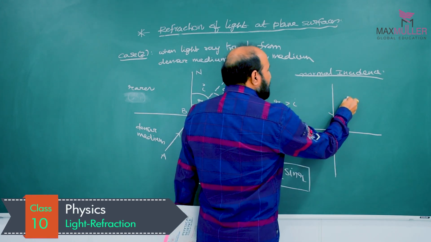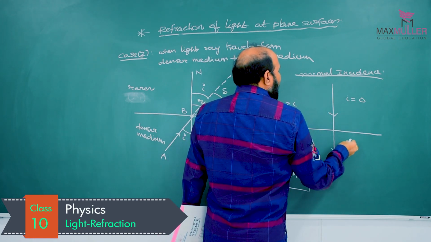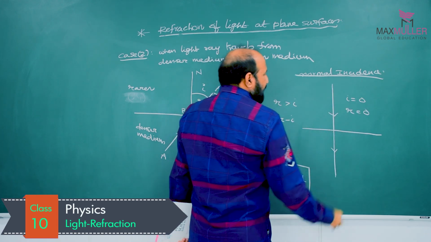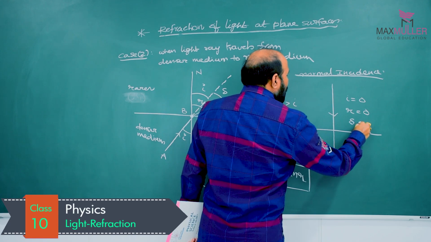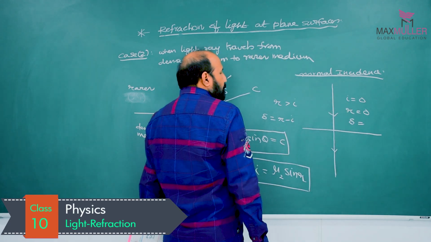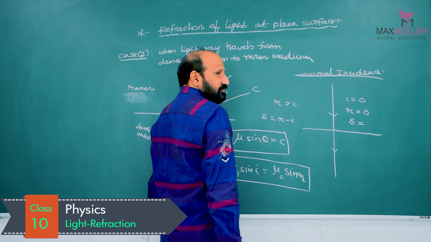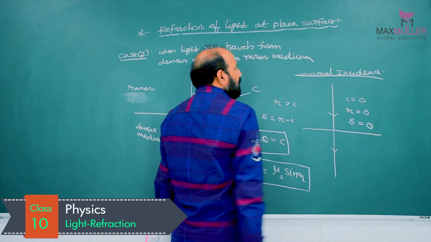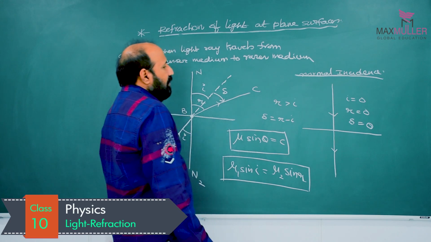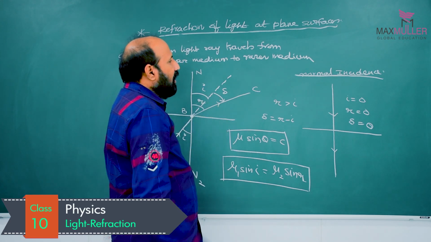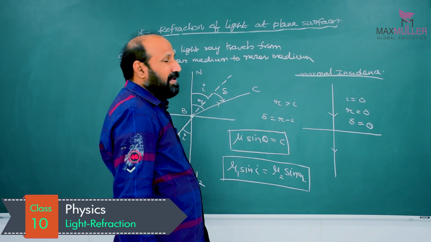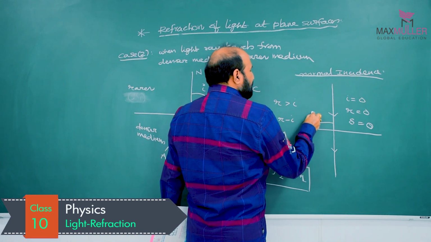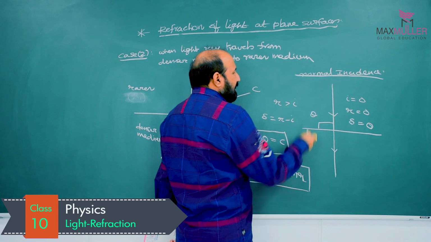Here angle of incidence I is equal to 0 and R is also equal to 0. This is called normal incidence, and deviation is also equal to 0. There is no deviation. So I is equal to 0, R is equal to 0 and deviation is 0. This is called normal incidence. That means here the glancing angle is 90 degrees. Theta, glancing angle.